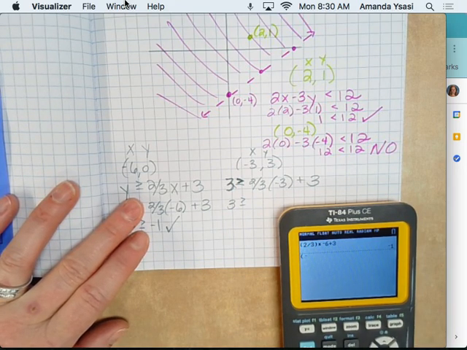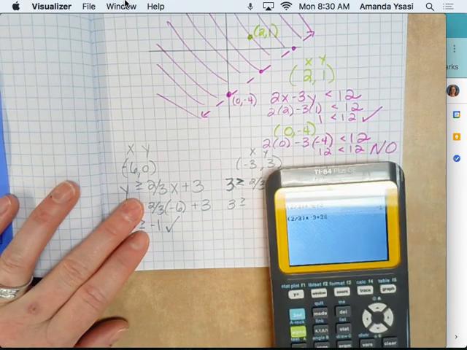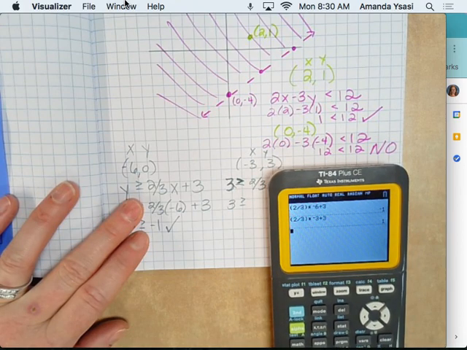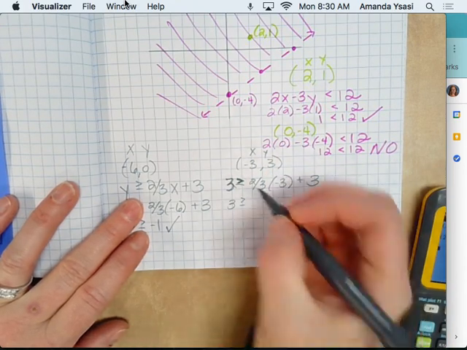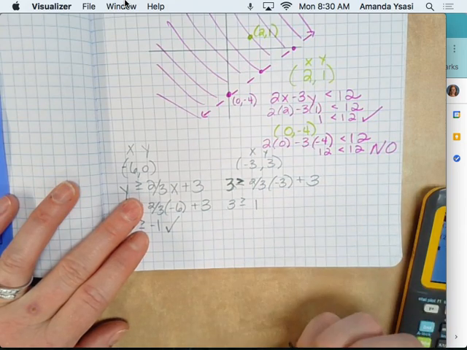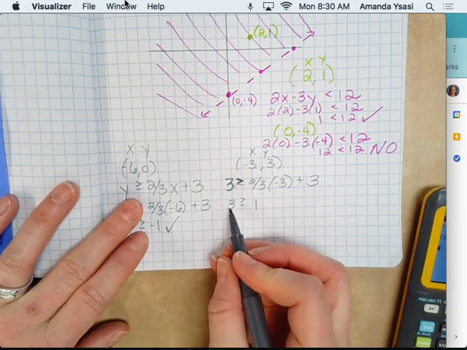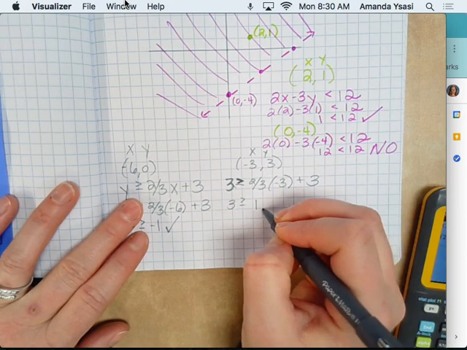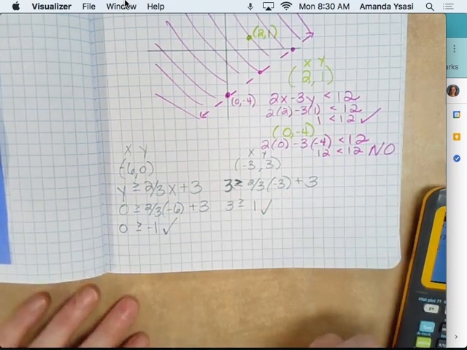Sometimes I mess up whenever I'm dealing with fractions. And that gives me 1. Is 3 greater than or equal to 1? Yeah. So we checked them.